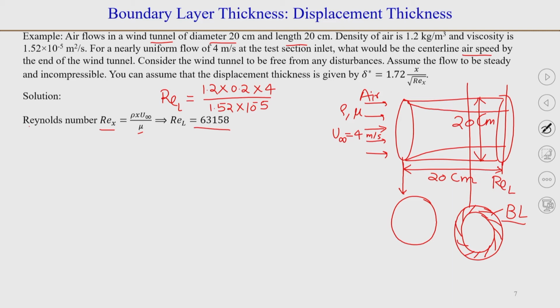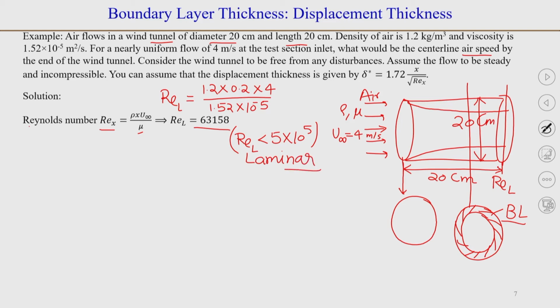And if we remember that for Reynolds number less than 5 into 10 raised to the power 5, we can consider the flow to be laminar.